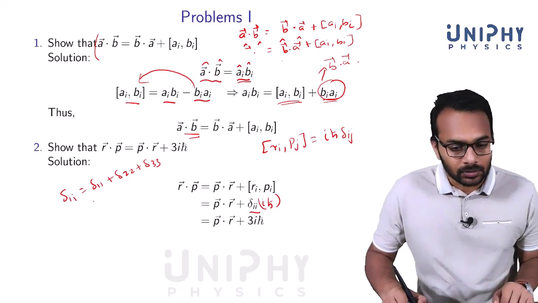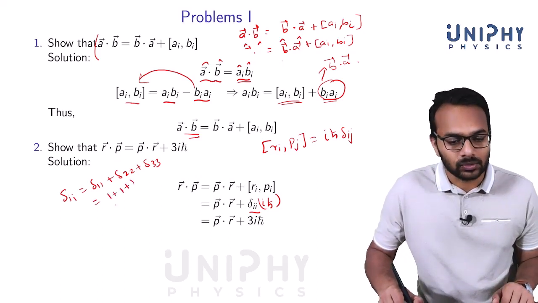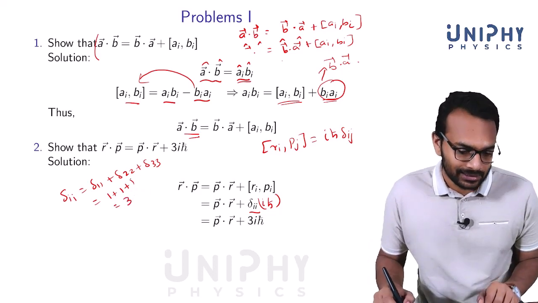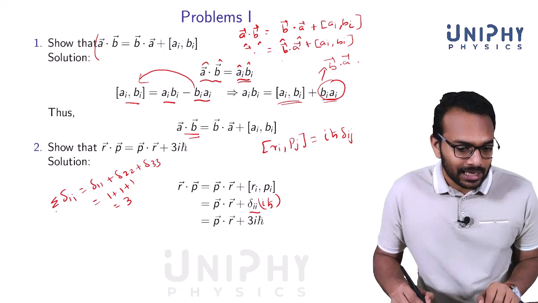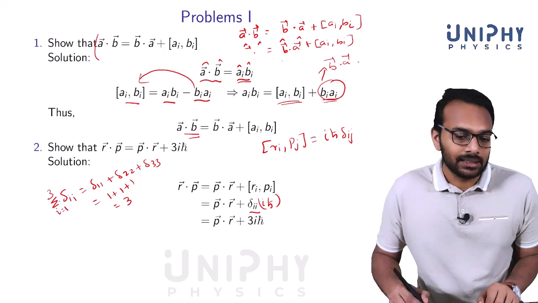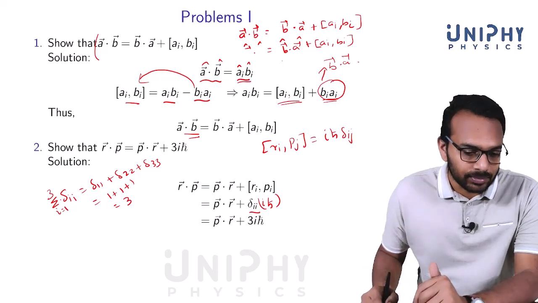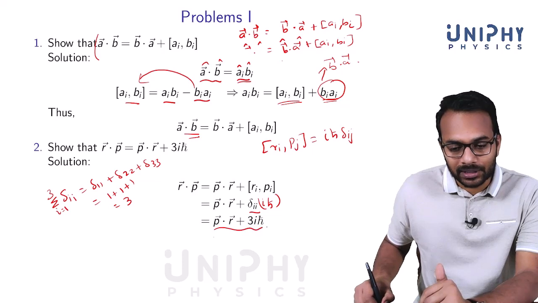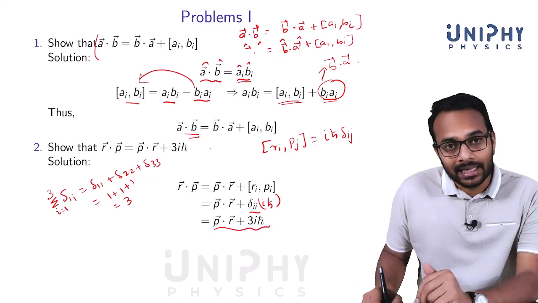So this is 1 plus 1 plus 1, which is equal to 3. So delta ii is 3, because by delta ii we mean i from 1 to 3. We are talking about 3-dimensional space here. So for this reason, r dot p is p dot r plus 3i h cross.